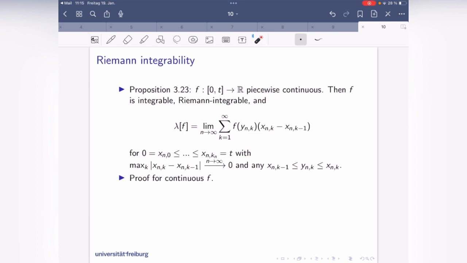You are having these points on the x-axis, this partition x_{n0} to x_{nk_n}, which becomes finer and finer, and which contains the y_{nk}'s. And here the weighted average, the sum of f(y_{nk}) times (x_{nk} minus x_{n,k-1}), converges and gives me the integral over f.